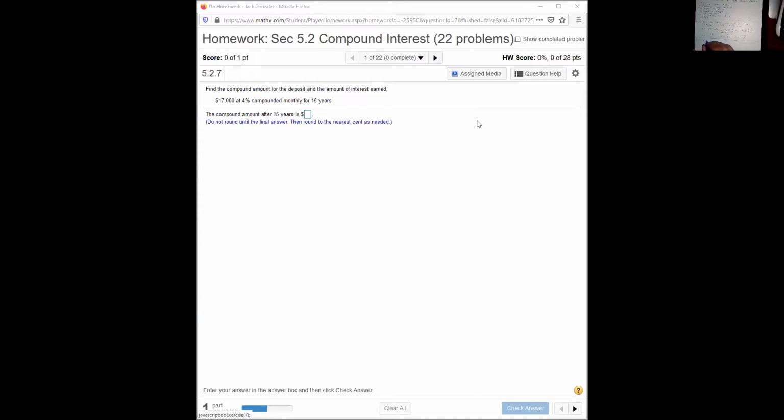Okay, so example 2, find the compound amount for the deposit and the amount of interest earned. Let's take a moment.